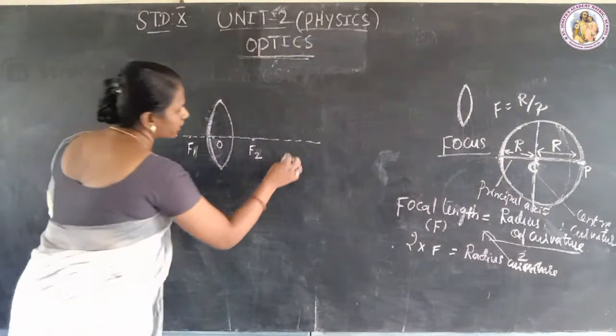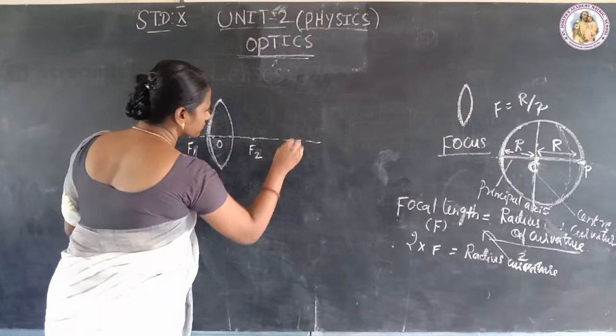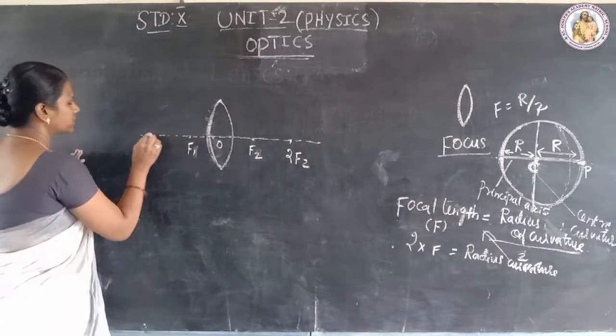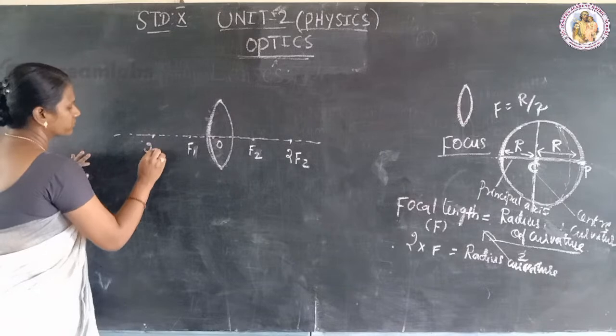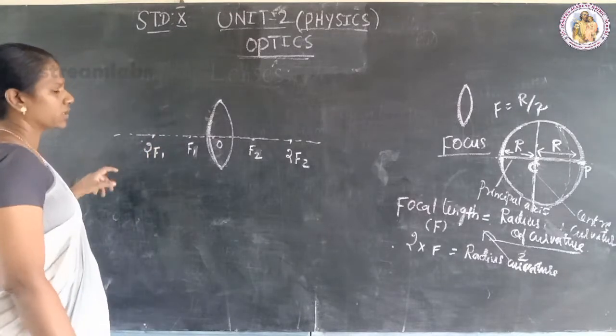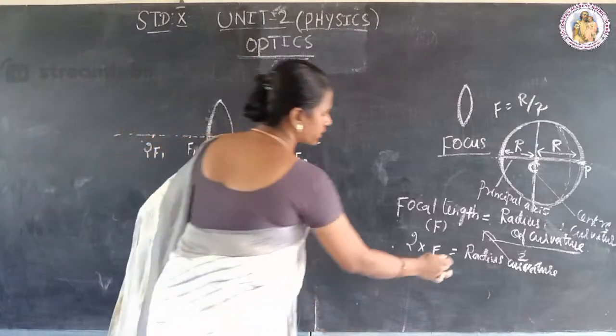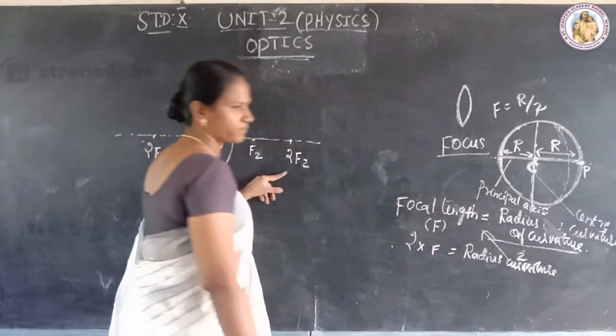And the 2F1, the 2F2, and this side is 2F1. The 2F1 is nothing but the radius of curvature.